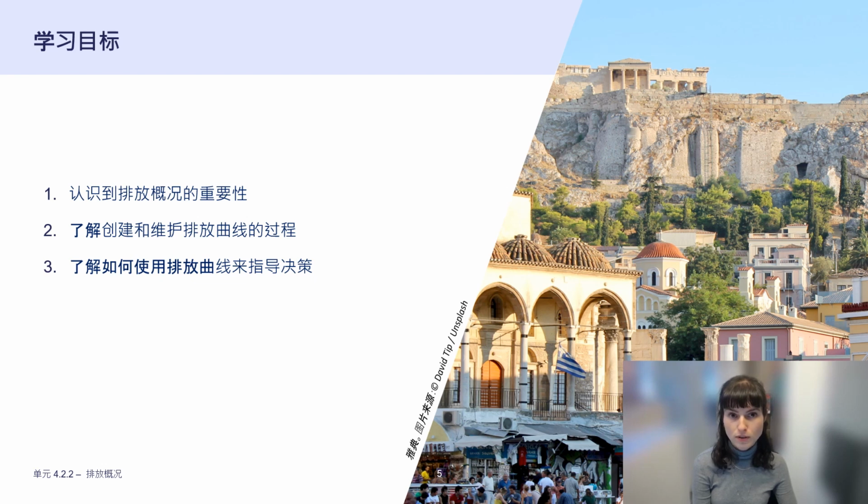This unit focuses on 3 main learning objectives. Learning Objective 1. Recognise the importance of an emissions profile. Since the emissions profile will show the scale of reduction required to reach net zero, it should be complete, consistent and accurate. Learning Objective 2. Understand the process for creating and maintaining an emissions profile.